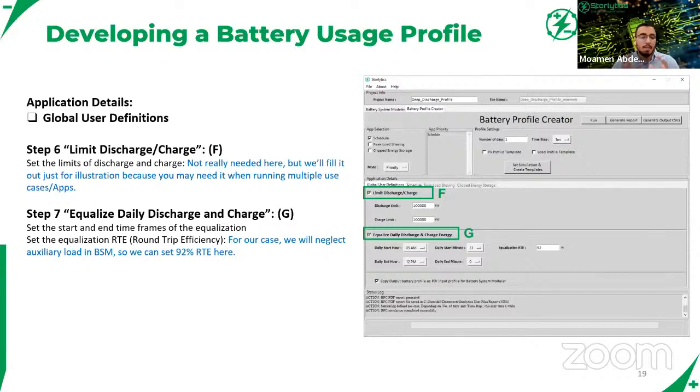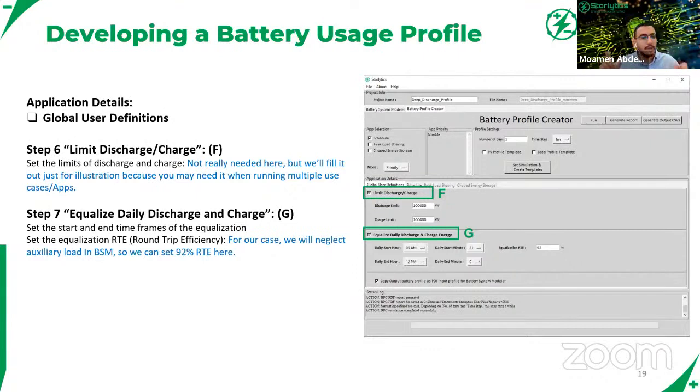So we set the round trip efficiency at 92, which means that, okay, you have now 400 megawatts to discharge, but with the time window you will specify inside this section, the daily starting hour and daily ending hour, you specify a certain time window just to equalize your battery with the certain amount of energy that needs to be charged to the battery according to the round trip efficiency that you will set.